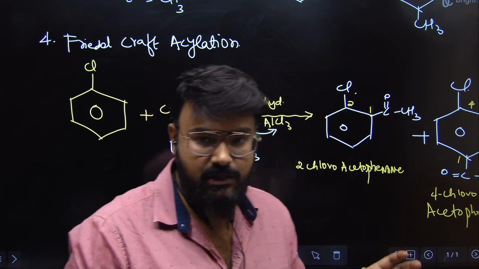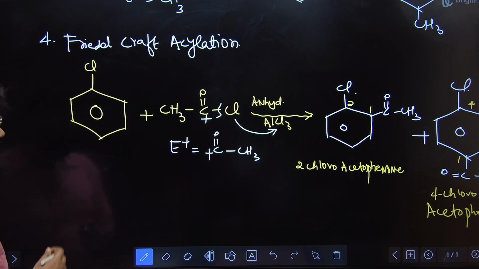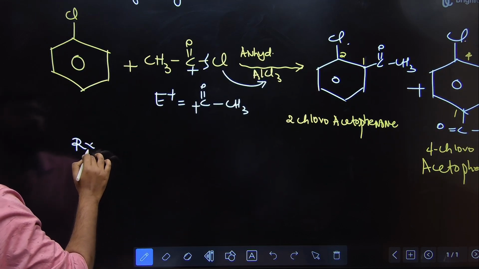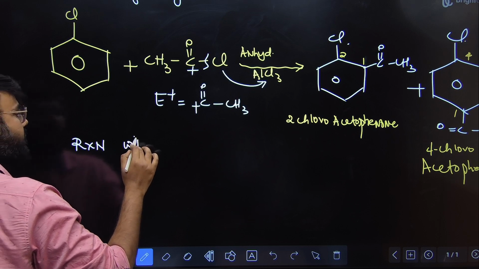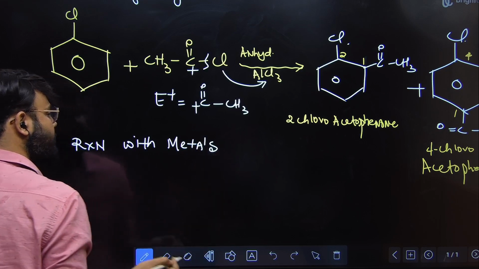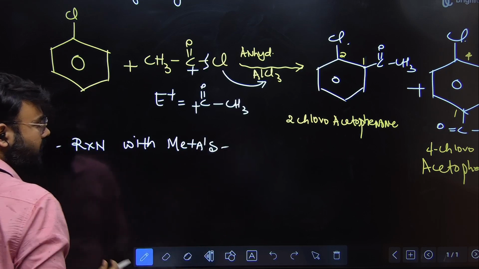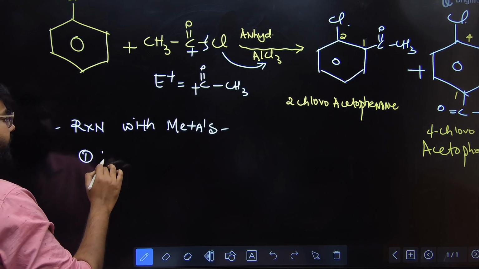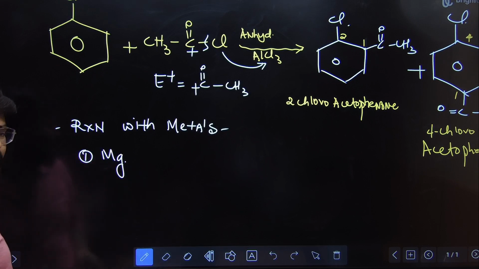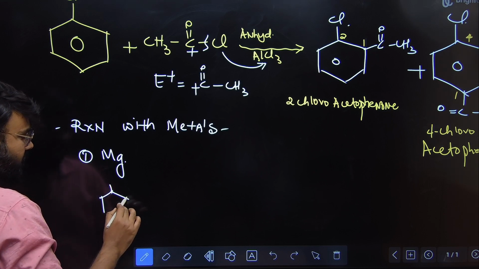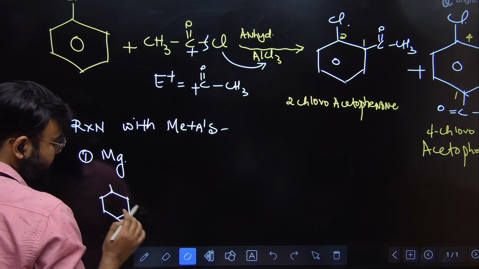So write down reaction with metals. All of you write down reaction with metals. One reaction is with magnesium, and I know you know what they will form.